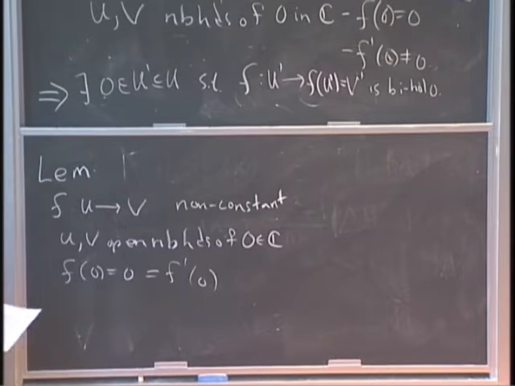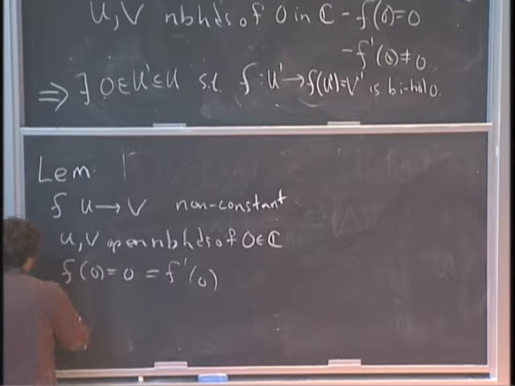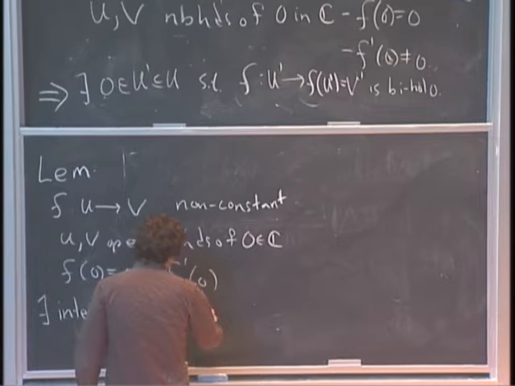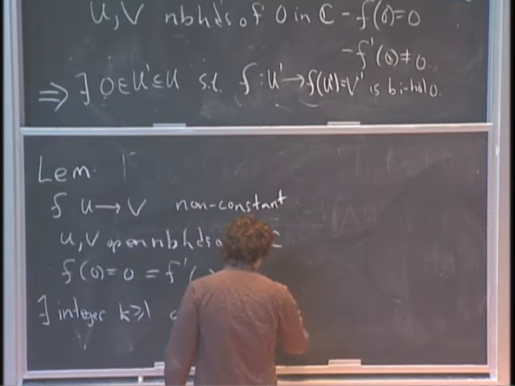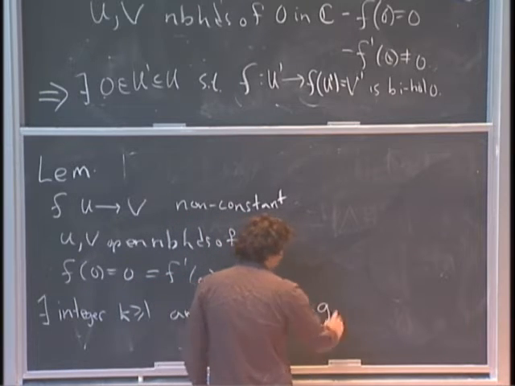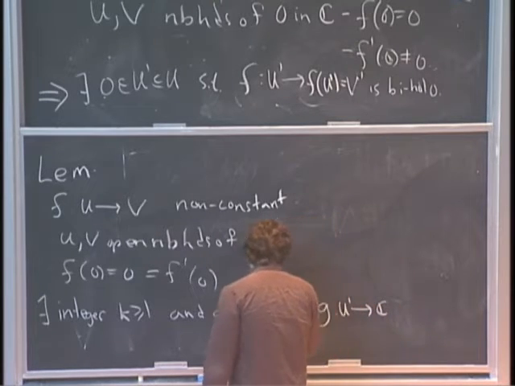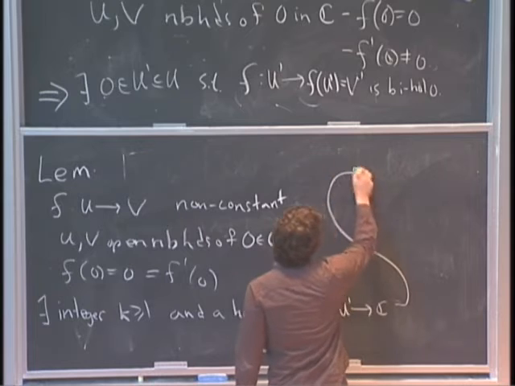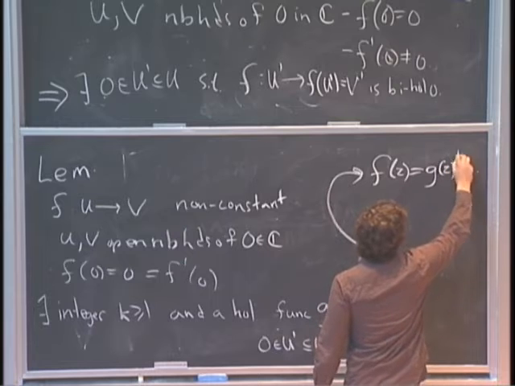Okay, so if we assume this, the point is then there exists an integer k, which is bigger than or equal to 1, and a holomorphic function g that takes a neighborhood U prime of 0 to C, such that f of z is equal to g of z to the k.